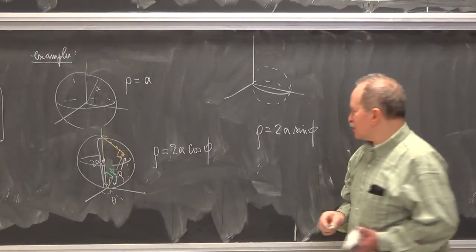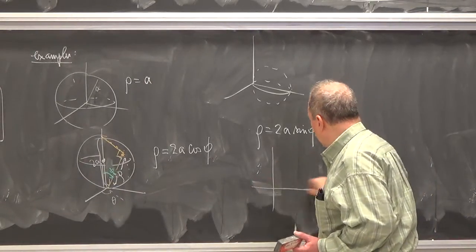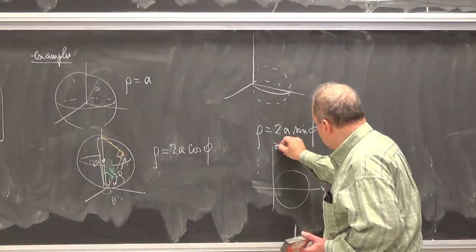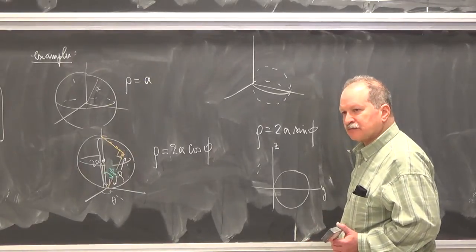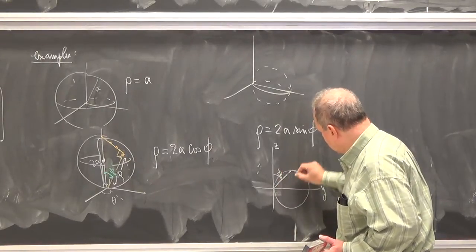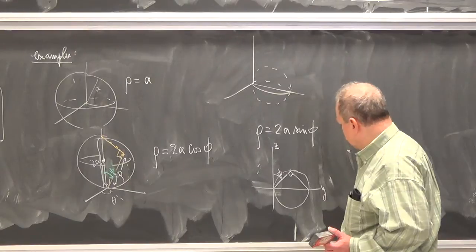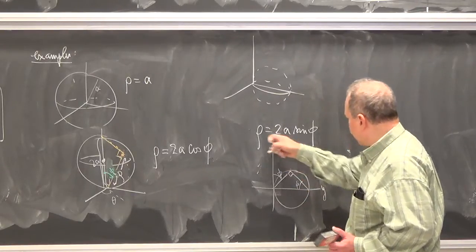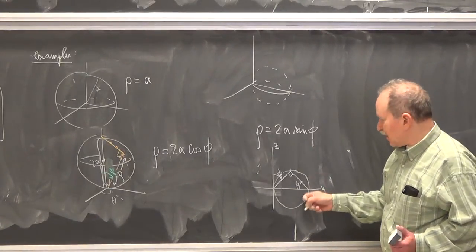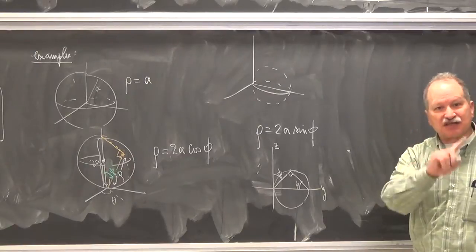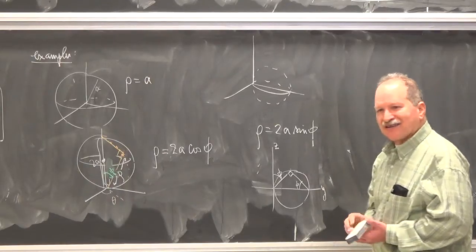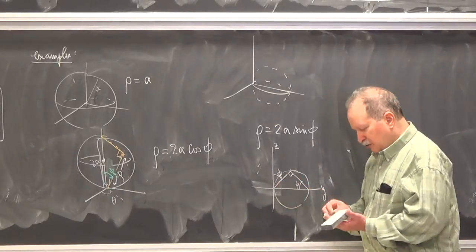So if you extrapolated from polar coordinates, in the YZ plane with phi here, you would have an equation rho equals 2a sine phi. But then you've got to rotate it around the z-axis, because not having theta in there means it's rotationally symmetric. So what shape do you get when you rotate a circle like this around the z-axis?